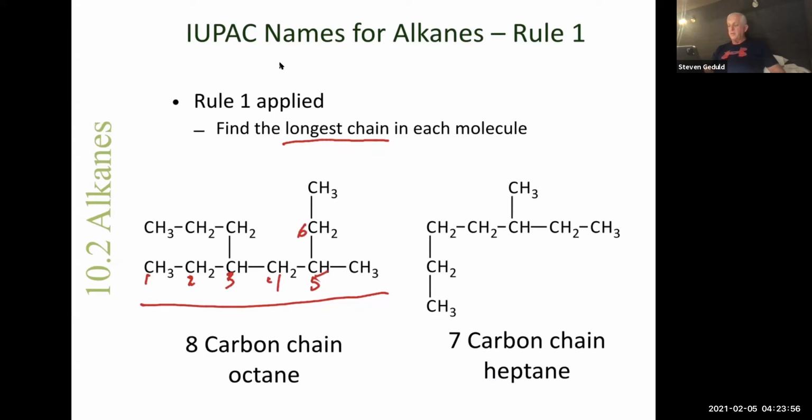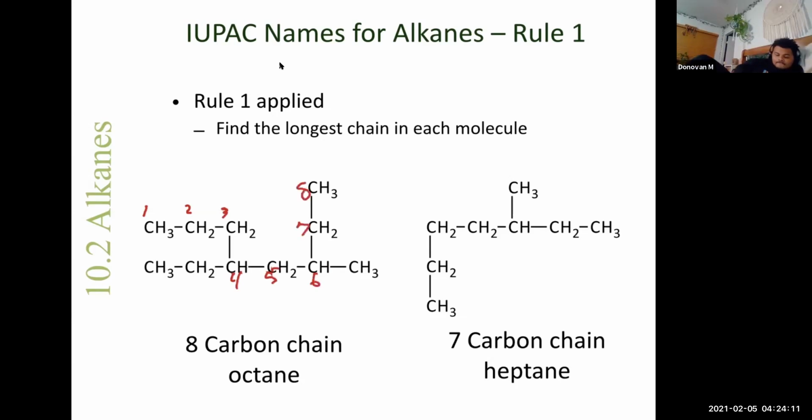That's actually not the longest chain. Even I'm doing it wrong. 1, 2, 3, 4, because the other way would put a 3 right there, so it's going to be longer that way. 5, 6, 7, 8. So it's an 8 carbon chain. It's all single bonds, so it's octane.